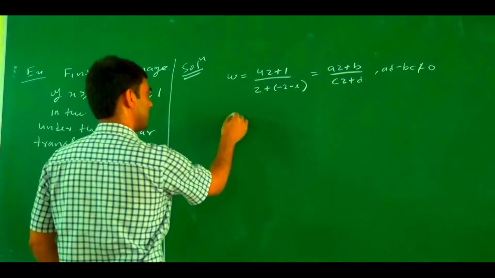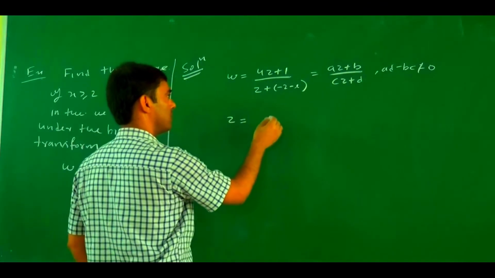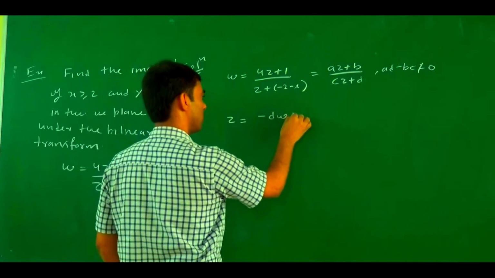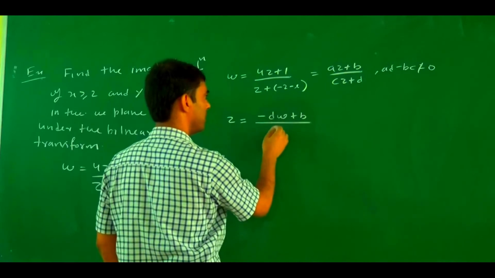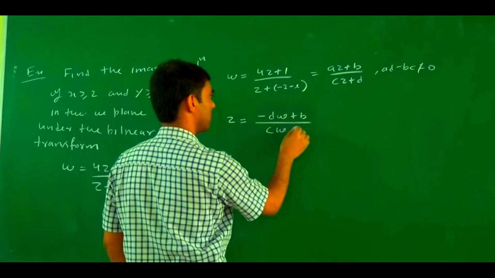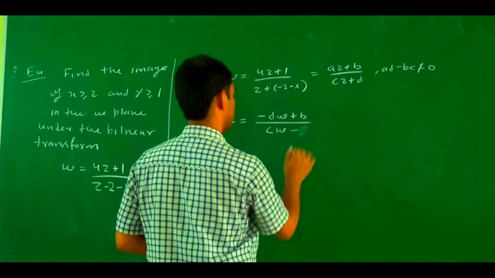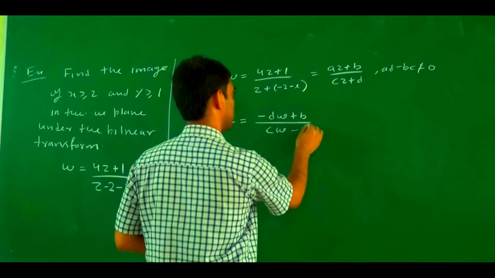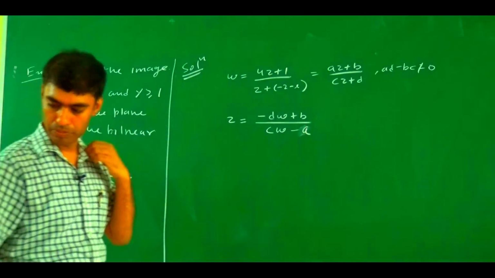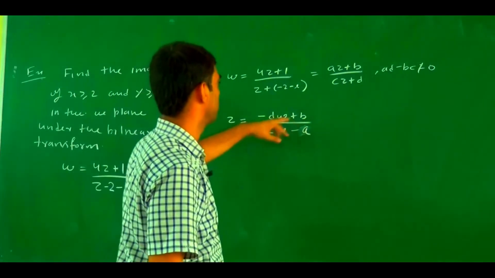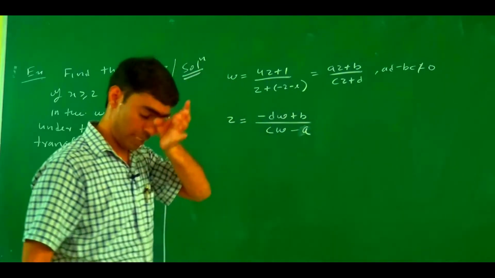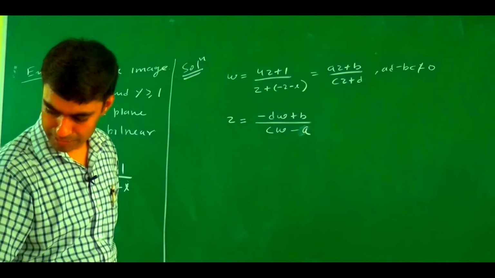So what is the value of z? We know that z equals (minus dw plus b) divided by (cw minus a), that is, (dw plus b) divided by (cw minus a).